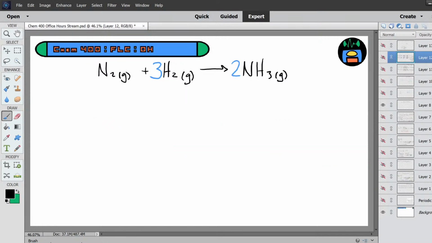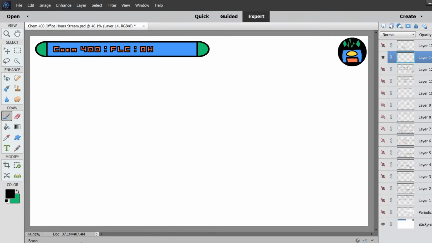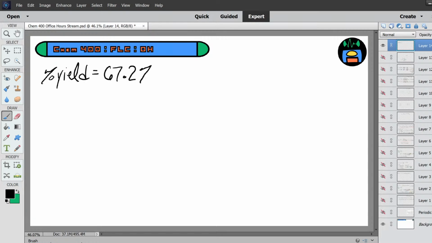All right, part C of this problem tells us our percent yield was 67.2% and asks us to find the actual yield.